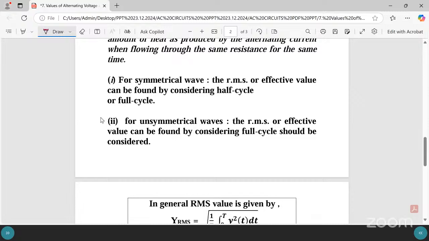If it is unsymmetrical, take the full cycle for RMS. So you have to remember these two sentences about the RMS value for symmetrical and unsymmetrical waveforms.